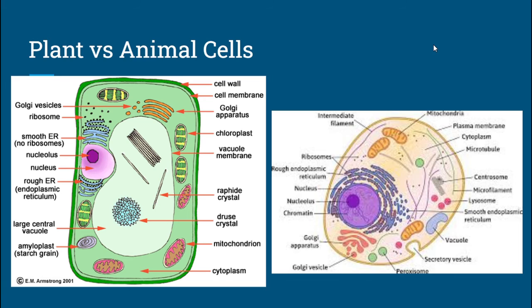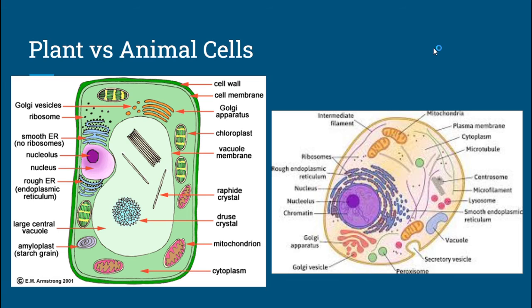Remember, the cell wall in plants is going to develop during cytokinesis, during cellular division, and this is going to split the new cells apart, but animal cells do not have these.